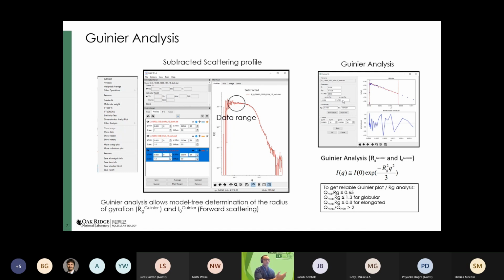During the hands-on section, we can play with this data and other data that I'm going to share with you, and then we can see how the Guinier fits work in real life.